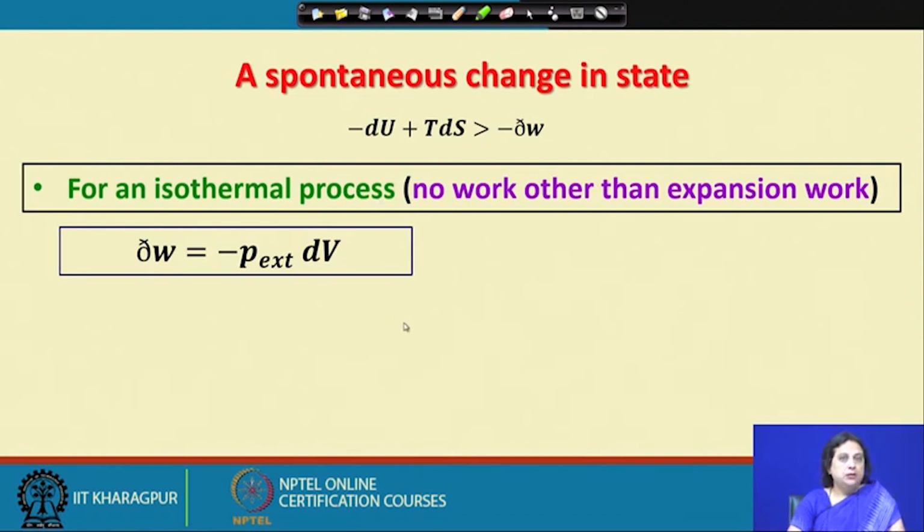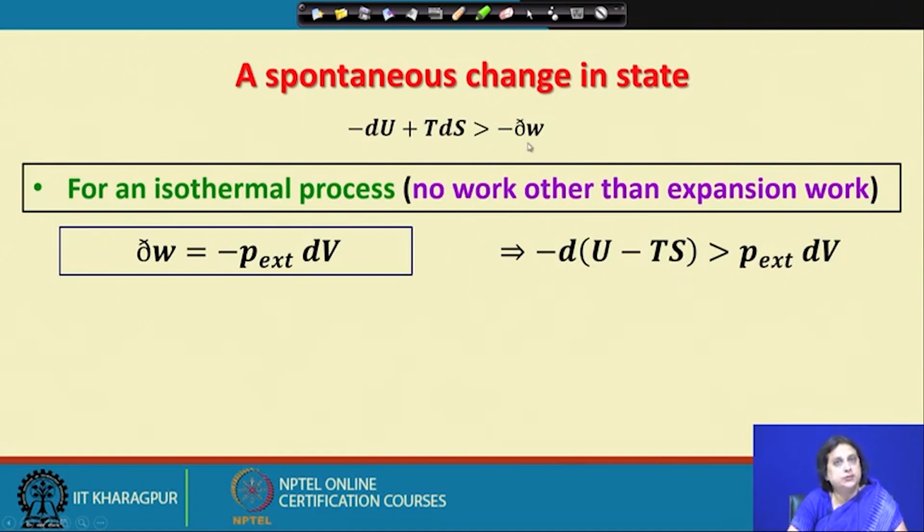Now, once you know this, you can go further and ask how this relationship will be modulated for an isothermal process where delW is given by this expression and the temperature is constant.